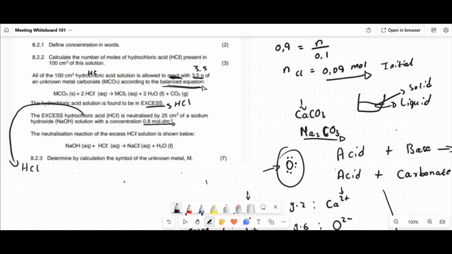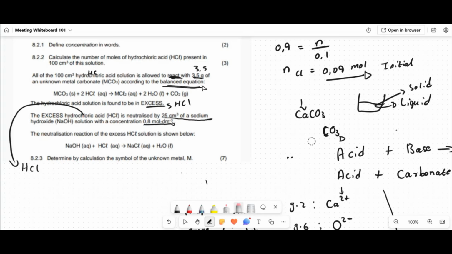I cannot make anything with the strong acid. It is very dangerous. So in order to use it, maybe in case I'm making a medication, I need to first neutralize it so that it becomes weak, right? And in this case, they neutralized it by adding 25 cubic centimeter of sodium hydroxide with the concentration of 0.8 mole per cubic decimeter. So neutralization is basically titration there.